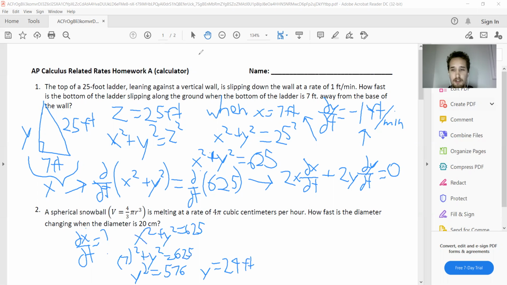Remember to include your units. I should be putting units in each of what I write. But we do know y would be 24 feet because that's the units we've been using. So now we can do our last step, plug into the final equation, right? So going down here, 2x is 7. We want to know dx dt.